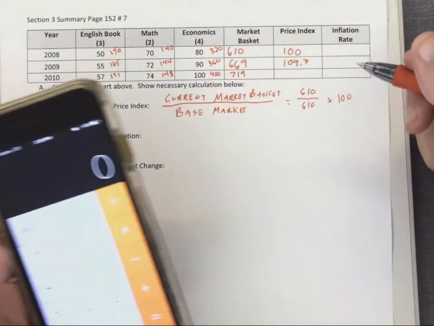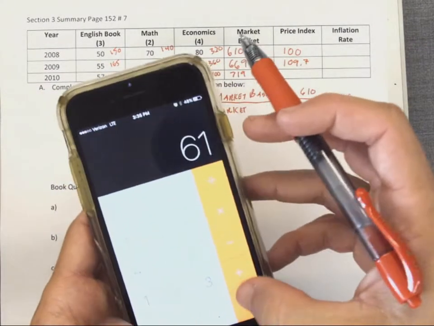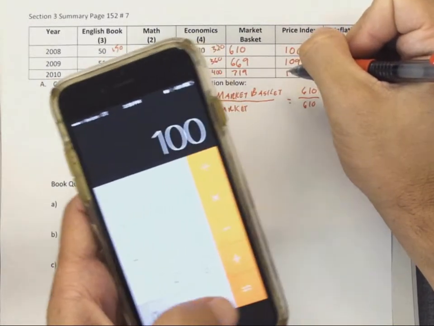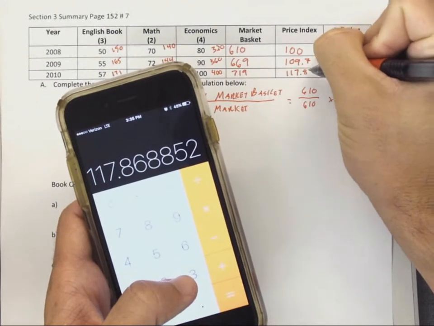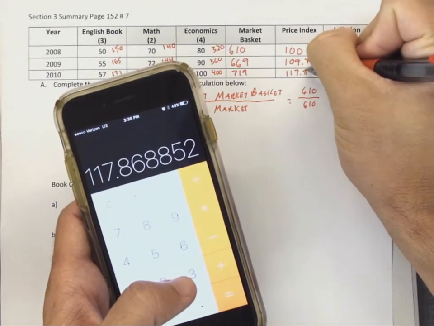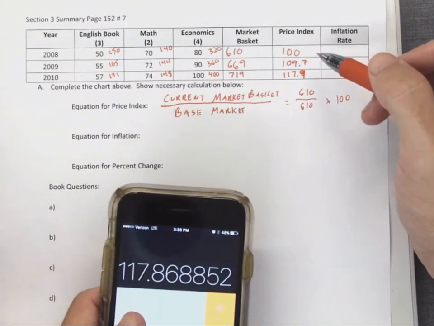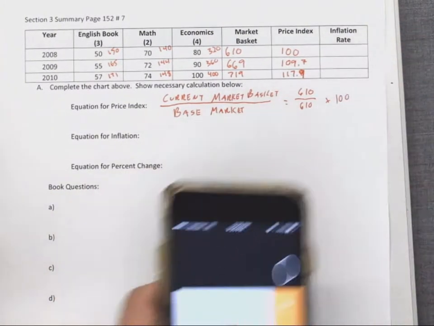And then year 3, 719 divided by the base year of 610 gives us 1.179, times 100, just move that decimal point, 117.9. And that's simply the price index. Price index, remember, approximates the price level relative to the base year.